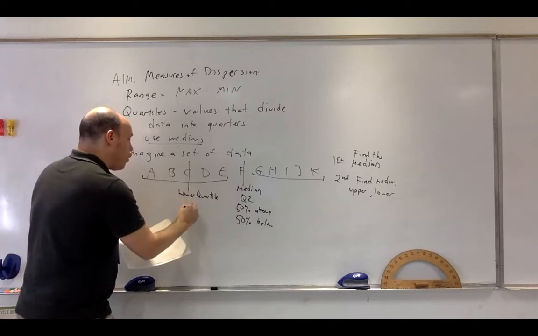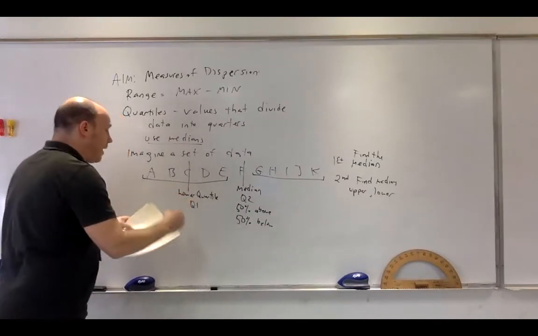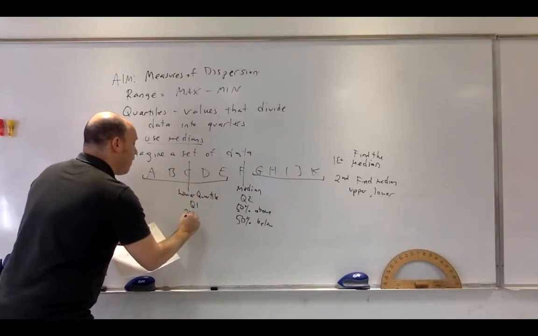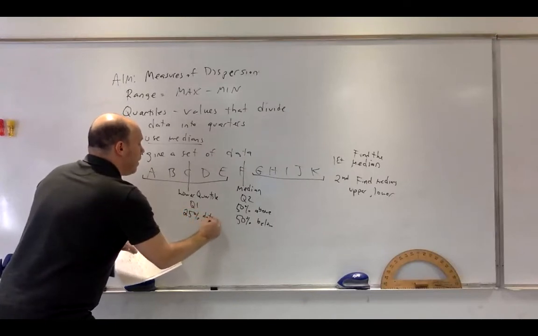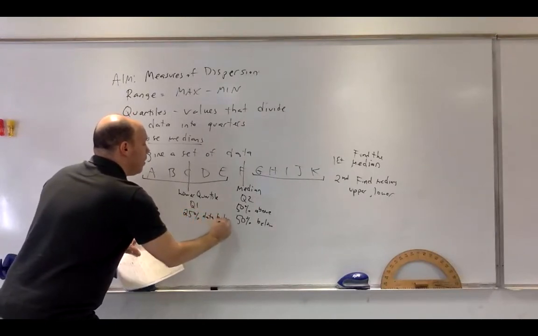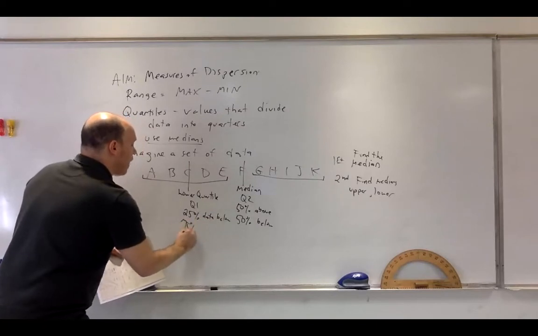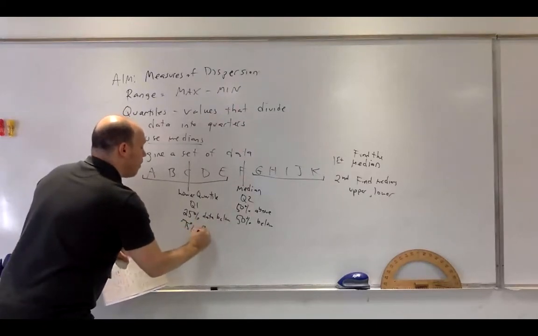We call this Q1. And the idea is that it's the 25th percentile: 25% of the data is below, and 75% is above.